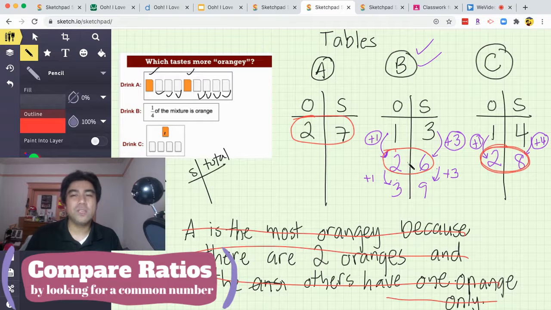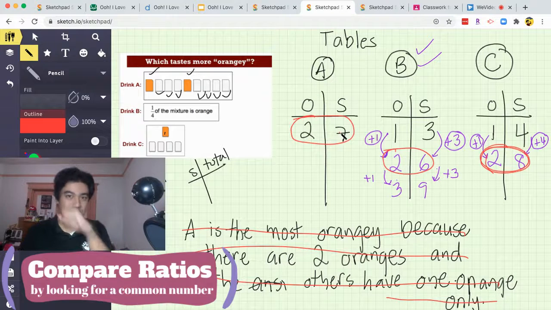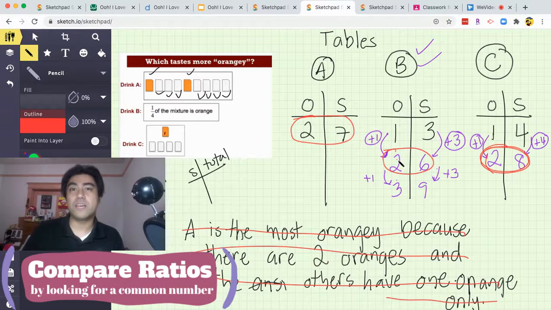I want you to look at this and compare it to this and compare it to this. Okay? Which drink is going to taste the most orangey? Is it 2 orange to 7 soda? 2 orange to 6 soda?